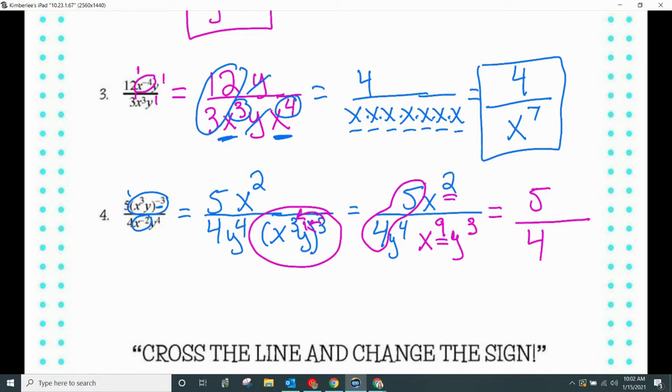If I write all these out and simplify them, I would have 2 x's on top and 9 on the bottom. I could cancel some of those pairs, but I would be left with some. I would be left with 7 because 9 minus 2 is 7, and I have more x's on the bottom, so they would be left in the denominator.